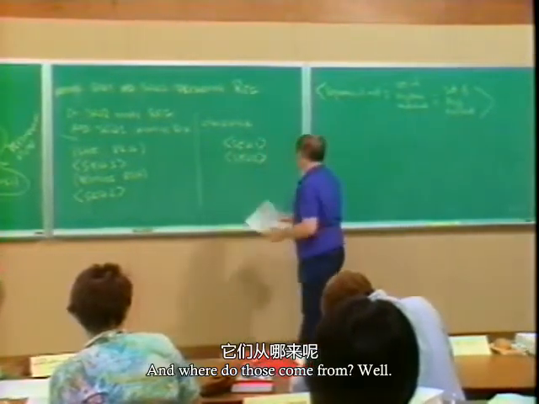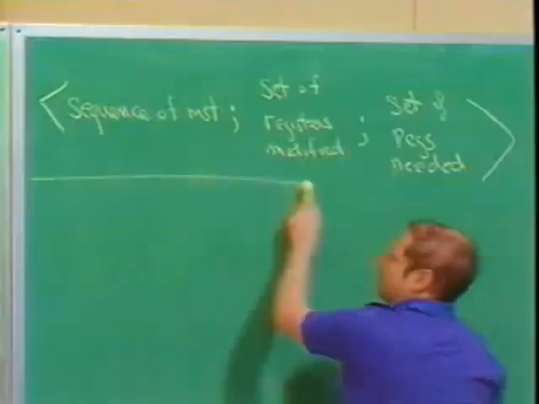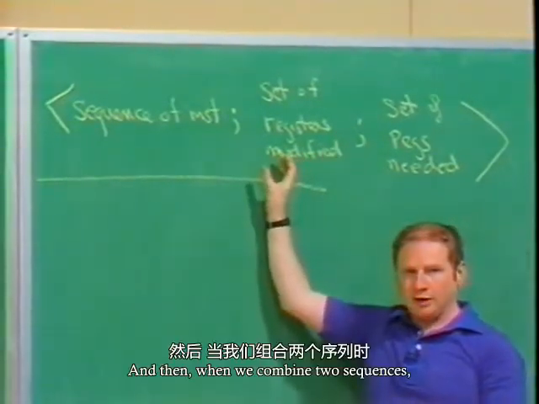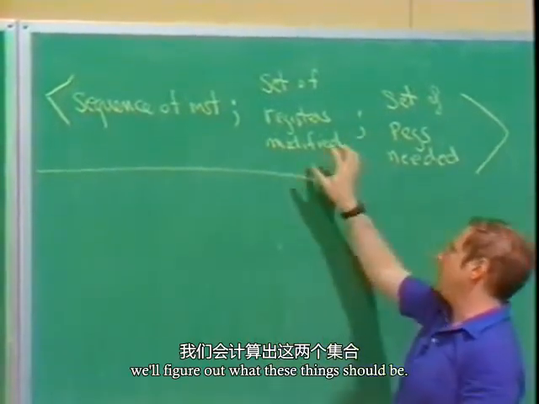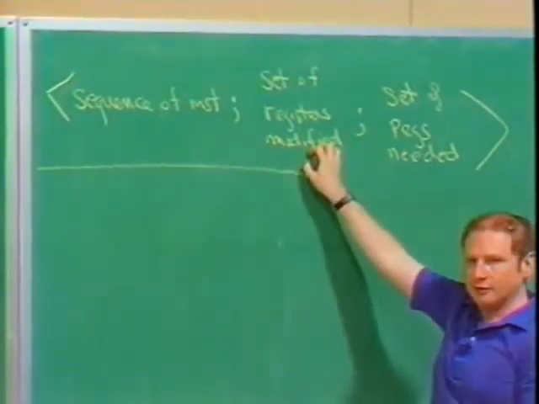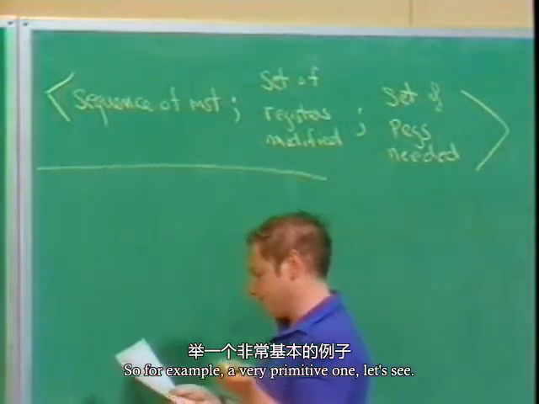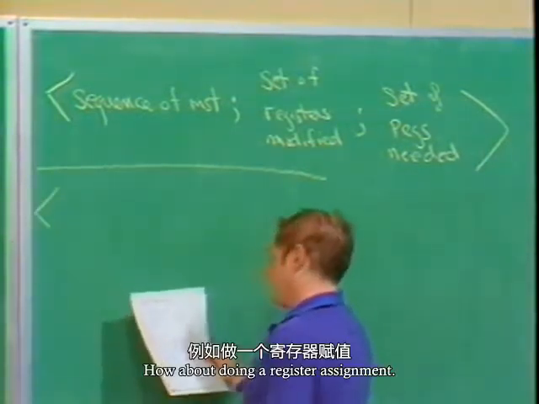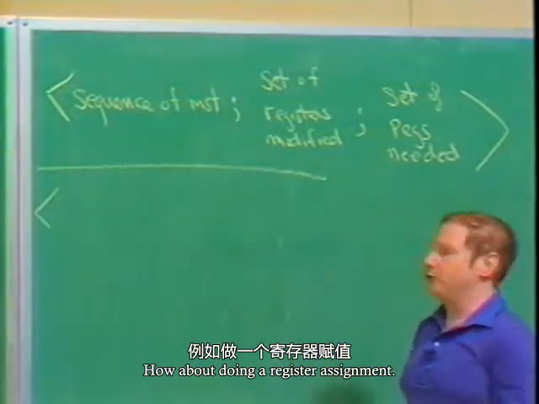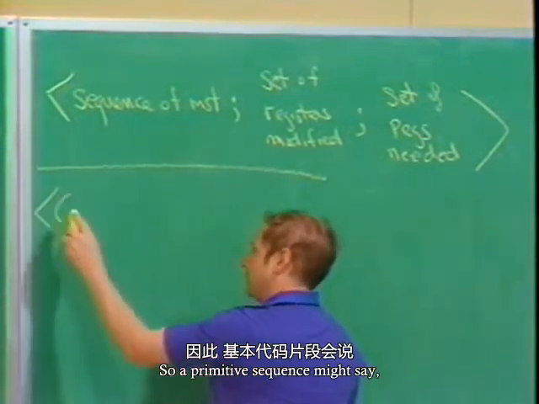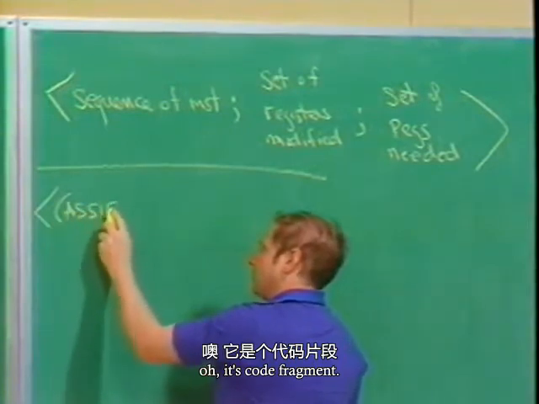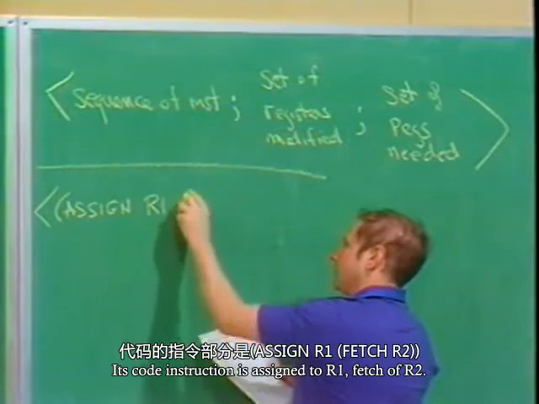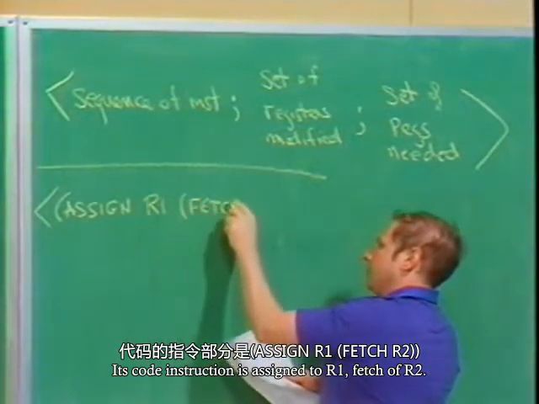And where do those come from? For the very primitive ones, we're going to put them in by hand. And then when we combine two sequences, we'll figure out what these things should be. So, for example, a very primitive one, let's see, how about doing a register assignment? A primitive sequence might have as its code instruction: assign to R1, fetch of R2.